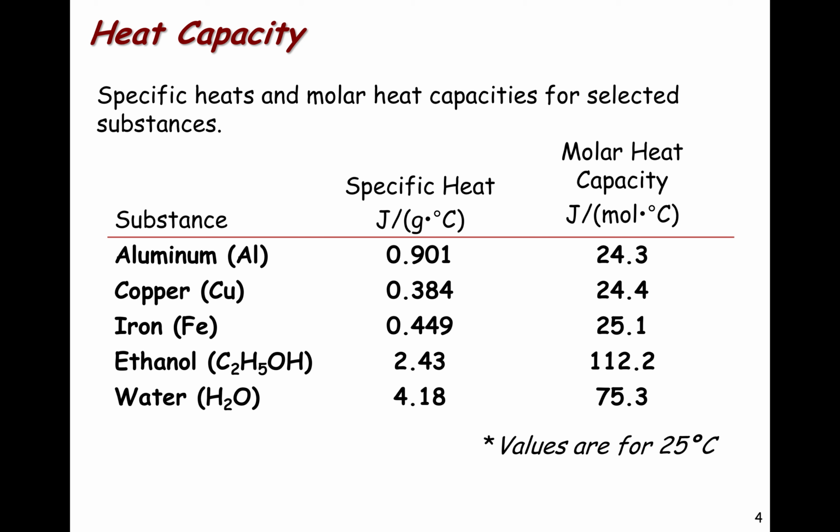And this is because all of the atoms are in very close contact with one another. On the other hand, if we compare that to other substances that we might be familiar with, for example, ethanol or water, they require quite a lot more energy to change the temperature. This has to do with how the molecules interact with one another. Water has quite a high specific heat capacity.